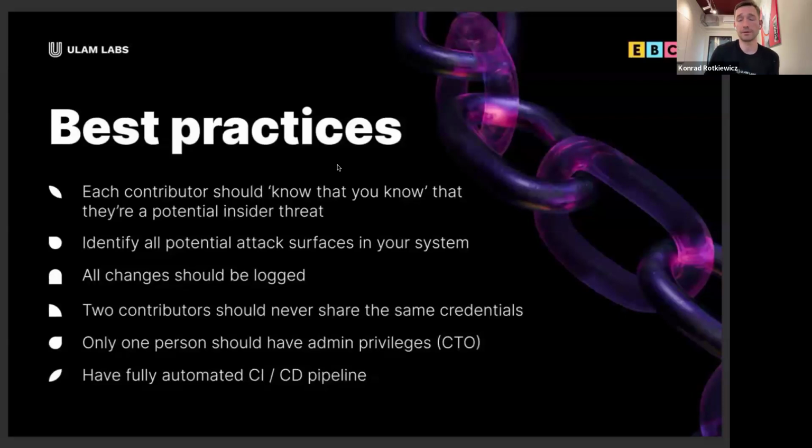Then if something bad happens, like a hack, the CTO is responsible for designing the system so that you can find out who did it. If not, the CTO will be the one to blame, either as an attacker or as the one who was not able to design the system properly. This probably works for a team of up to 10 or 20 people. For larger teams, it gets more complicated.